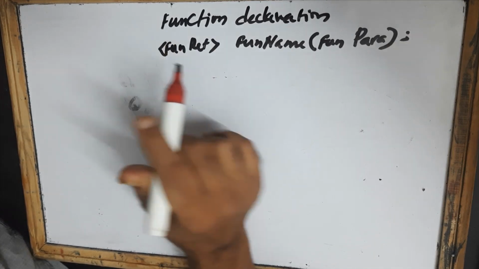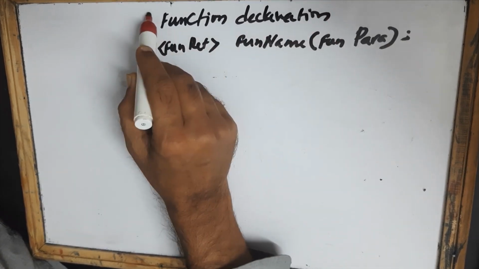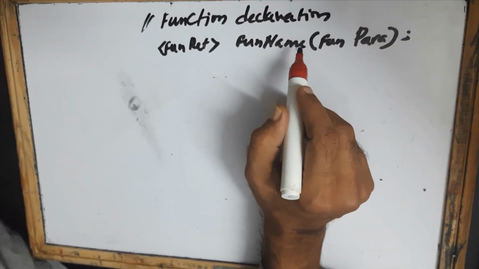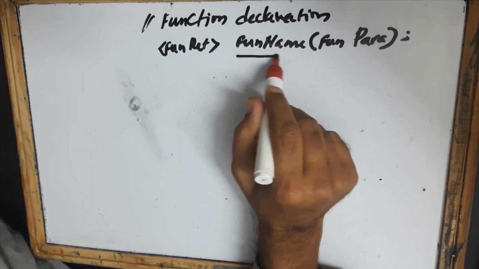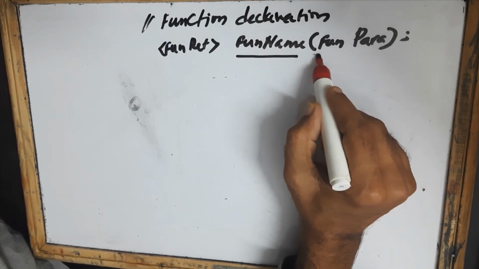This is the function declaration. So that means we should have a name, function name, and the function parameters.